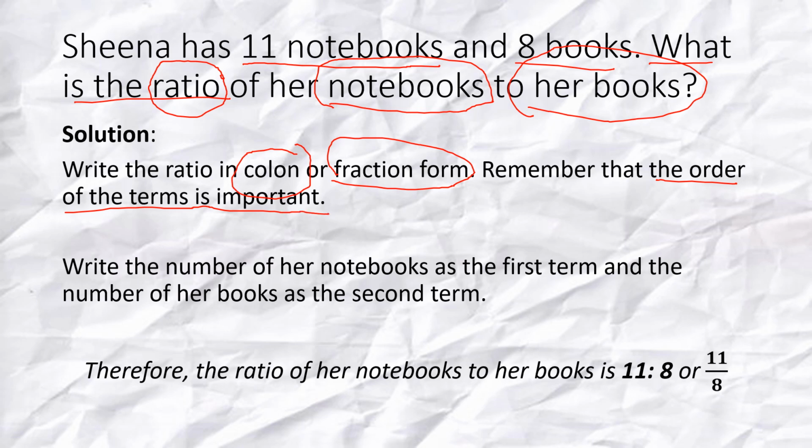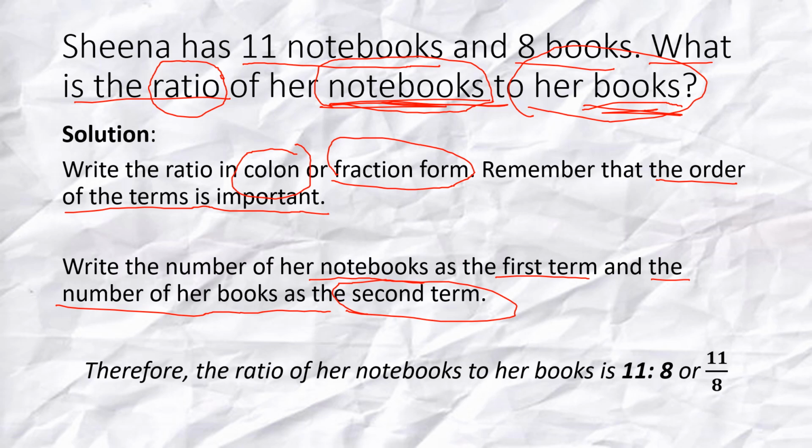Let's go back to the problem. It says in the question, what is the ratio of her notebooks to her books? The word notebooks was mentioned first before the word books in the given problem. So if we write the ratio of this item, we have to write the number of her notebooks as the first term and the number of her books as the second term.